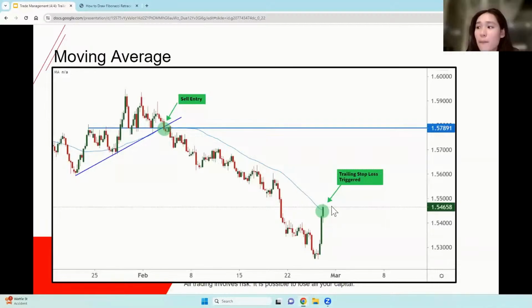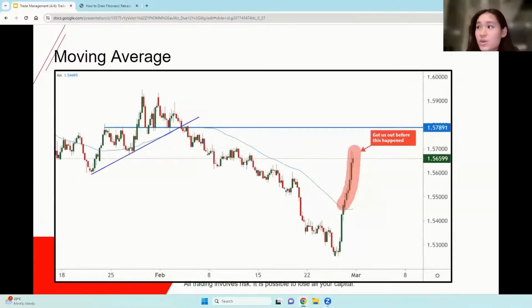And once you see price cross over your indicator, that's a sign that the trend might change, and that's when your trailing stop loss is triggered. Okay, so that got us out of the trade before price started to move upwards.